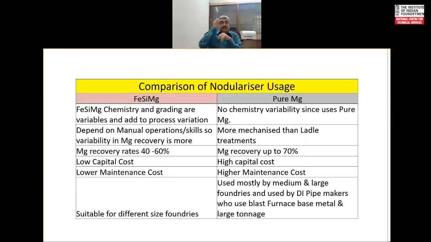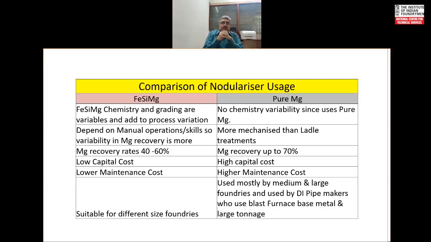Magnesium recovery rates range from 40 to 60% depending on the quality of the materials and the upkeep of the equipment, while magnesium recoveries up to 70 or sometimes even more than that are possible in the pure mag process using converters. Capital costs are certainly lower for ladles.